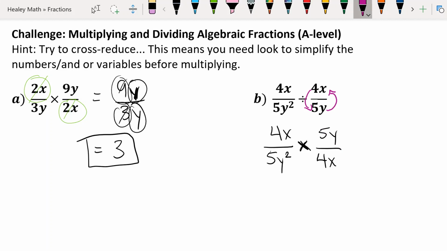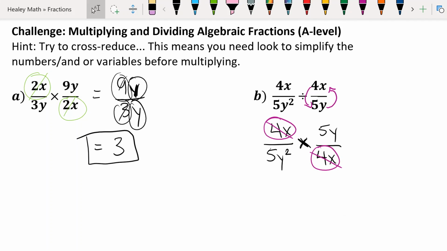At this point, you should notice that you have a 4x here and a 4x here. When we cross reduce, 4x divided by 4x is 1. Now you're left with 5y divided by 5y squared.